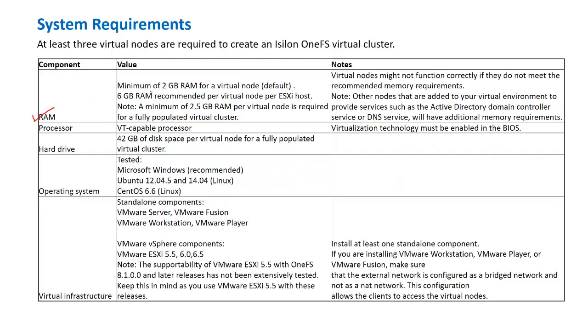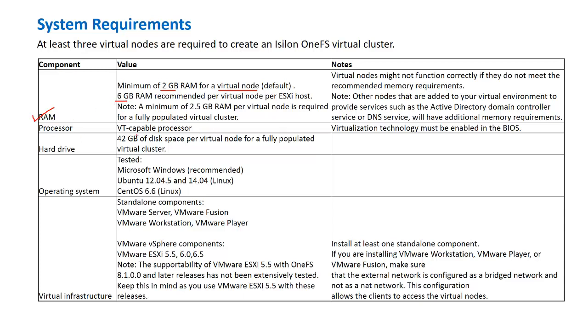RAM requirements. We need 2 GB per virtual node. So virtual node means one ISILON node. To build a cluster, we need at least 3 ISILON nodes. That means we need around 6 GB RAM availability on our workstation.